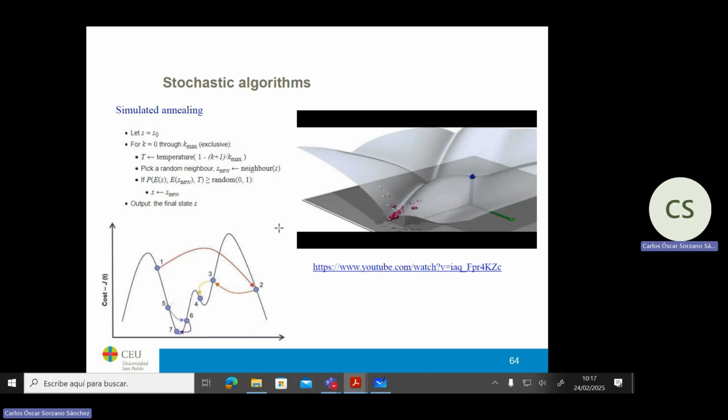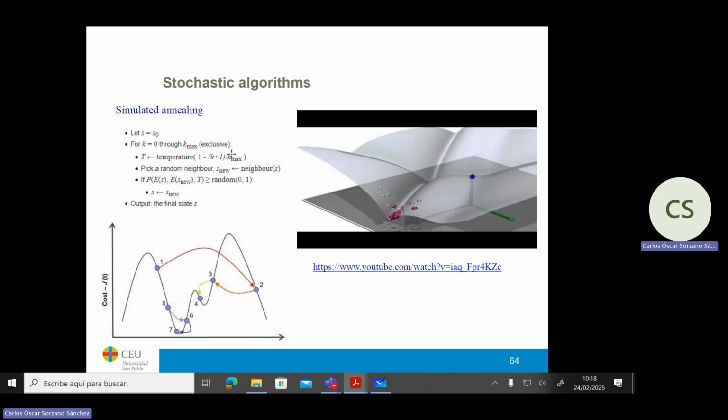So let's say that this is our landscape. You start in some place, and then instead of going in the direction of the minimum, you make jumps, and this jump brings you here. Because this loss function is smaller than this one, you accept it. Then from this one, you try to explore this one, and it is worse.